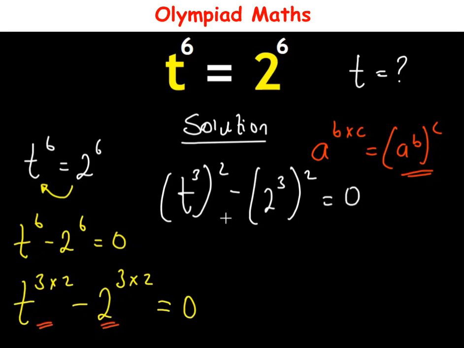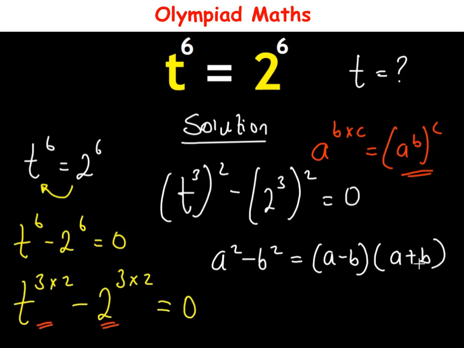So looking at this, what we have is difference of two squares. If you have a squared minus b squared, this is equal to a minus b multiplied by a plus b. In this case, the value of a is equal to t raised to power 3, while the value of b is equal to 2 raised to power 3.